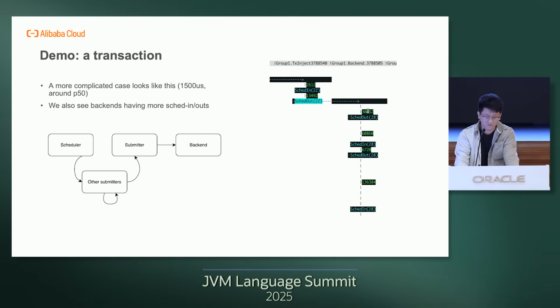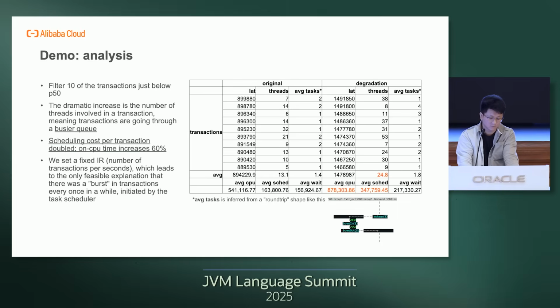So this means that this backend is interrupted during its execution. Maybe there are other threads competing for CPU. And so with this understanding of a transaction, we can go to the next step to analyze them.